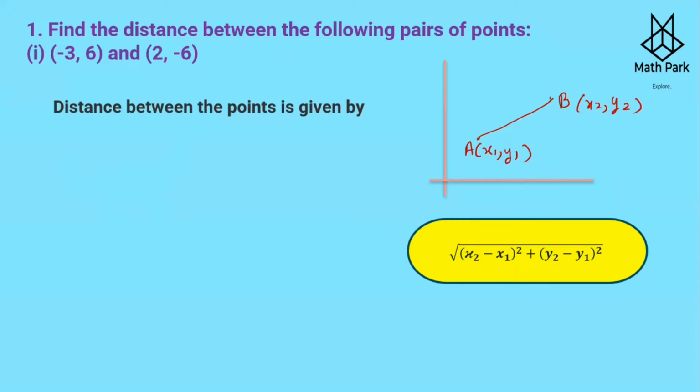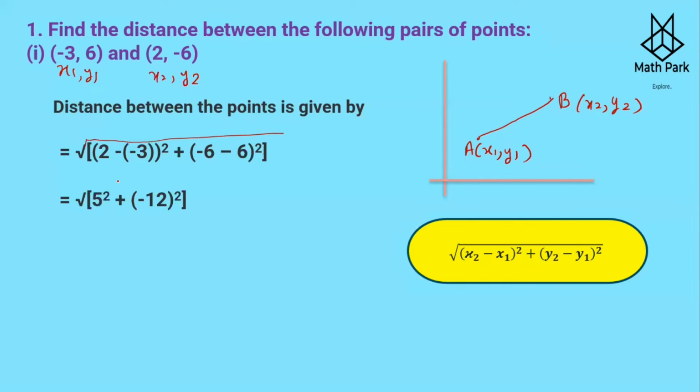So we are finding the distance between minus 3, 6 and 2, minus 6. Using this formula, this is our x1, y1 and this is our x2, y2. Let us put in the formula. So we have root of x2 minus x1, that is 2 minus of minus 3, plus minus 6 minus 6. So 2 minus of minus 3 is going to be plus 3.